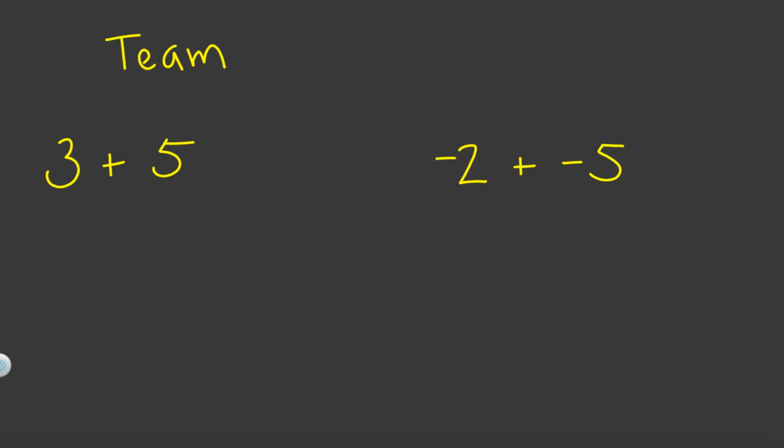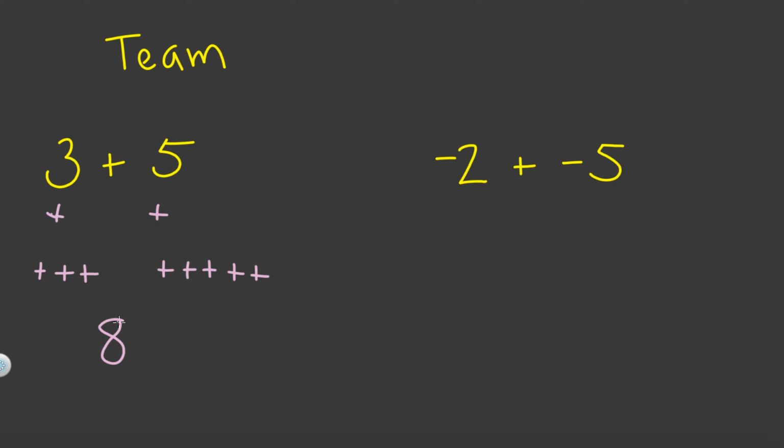A team is where the negative or positive sign is the same. So if we look at this, we've got a +3 and a +5. That means they're on the positive team. So we would have 3 positives, we have 5 positives, and they go together making 8.